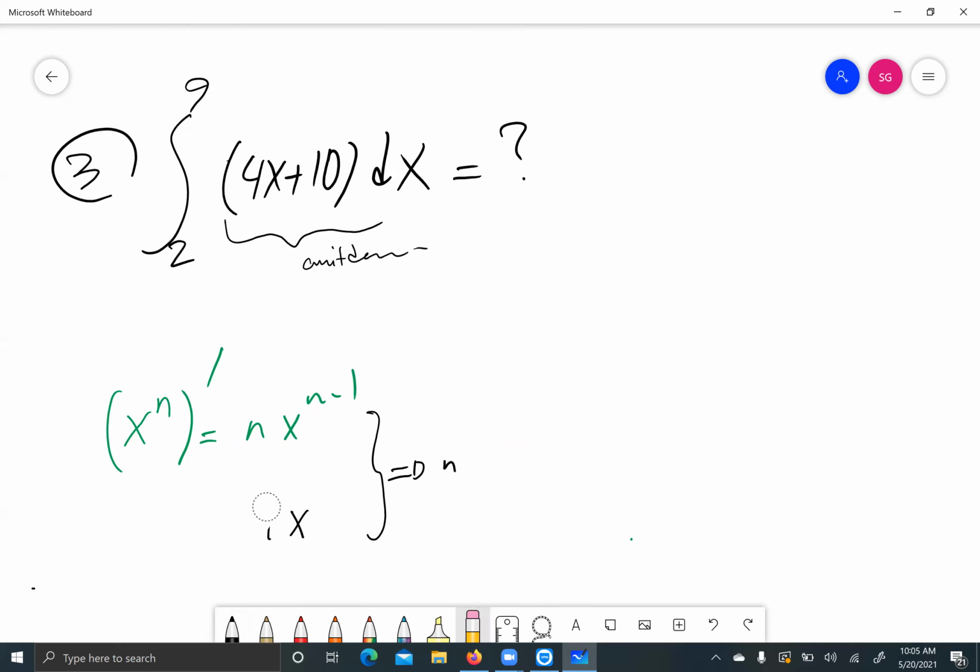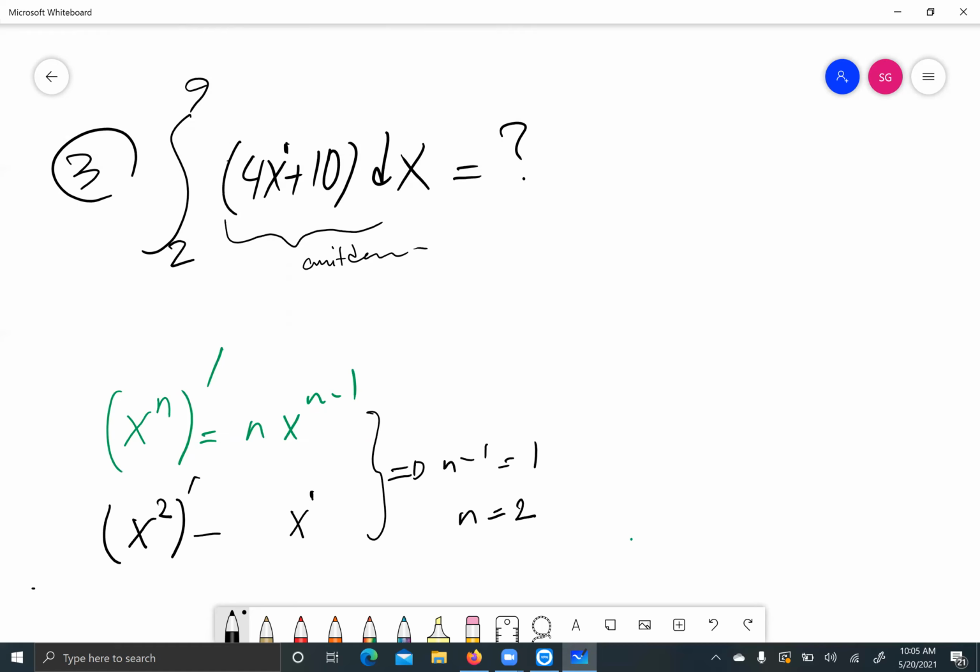The multiplier doesn't matter for now; the power matters here. If here I have power 1, that means n minus 1 is 1, so n must be 2. So the antiderivative is a multiple of x squared.